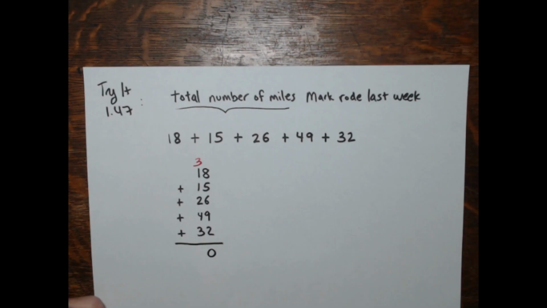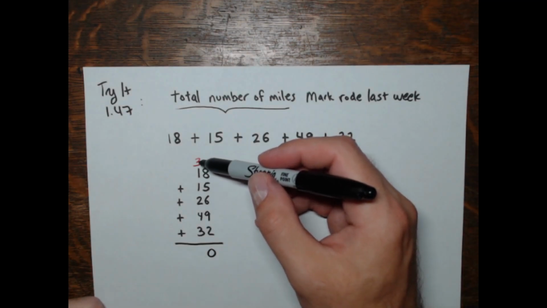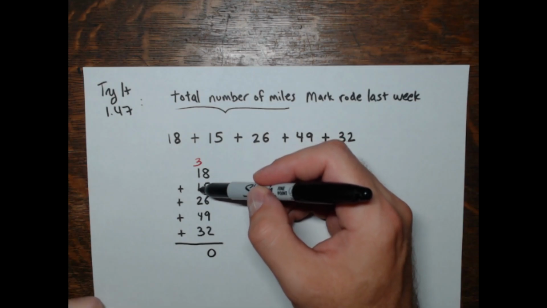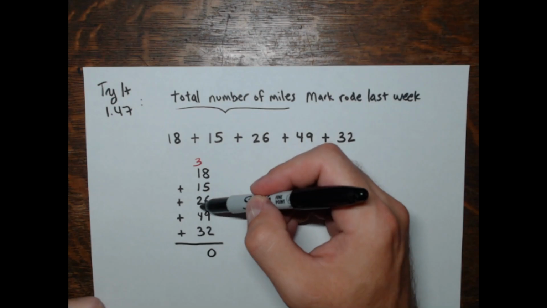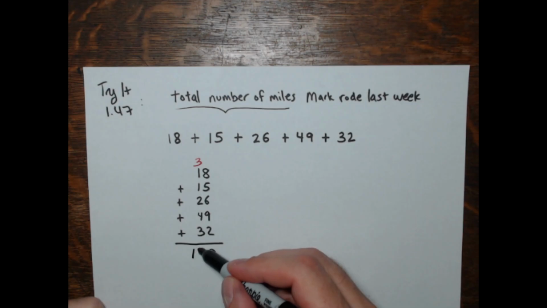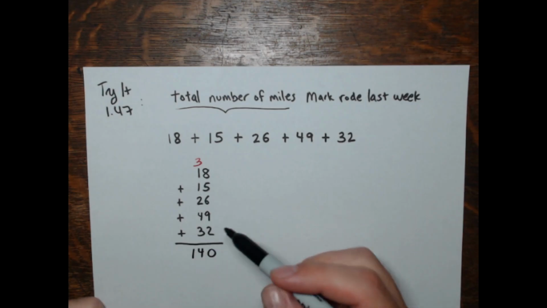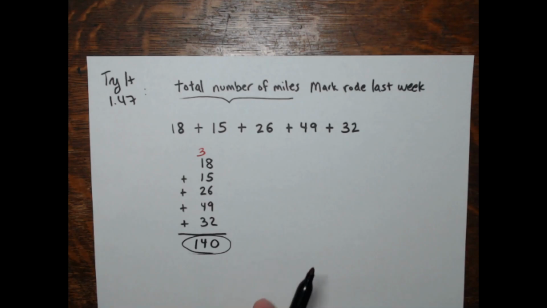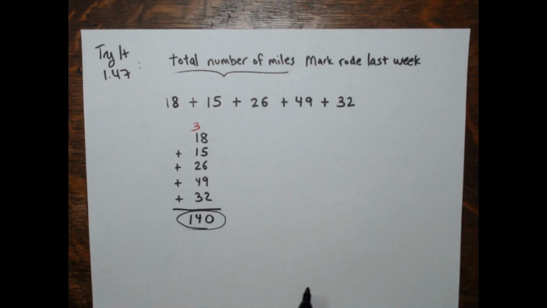That is 30. All right, then the tens. 3 plus 1 is 4, plus 1 is 5, plus 2 is 7, plus 4 is 11, plus 3 is 14. So that's 4 in the tens, 1 in the hundreds, and there are no hundreds. So 140 is the sum of all these mileages.